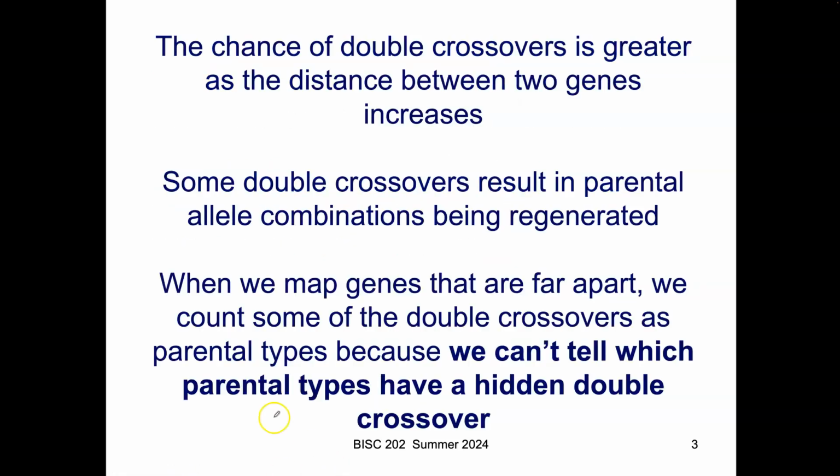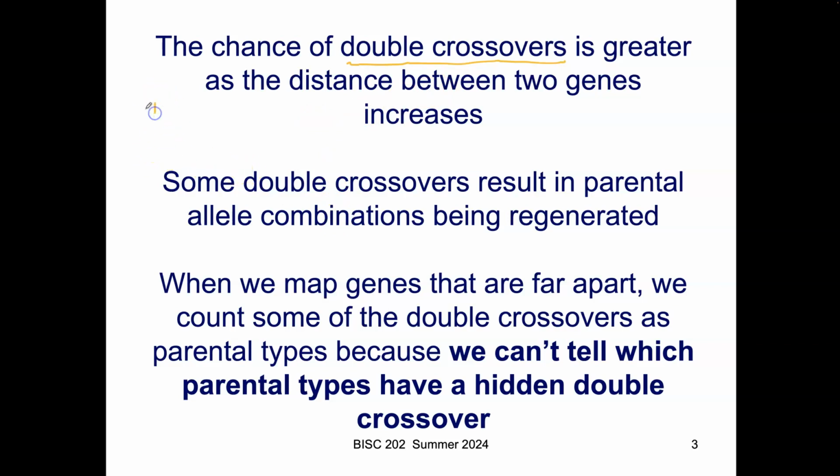And so we're going to talk about double crossovers now. It's been hinted at in previous lectures, and you may have thought of it when I asked you to consider what might be the problem with the distances not adding up.